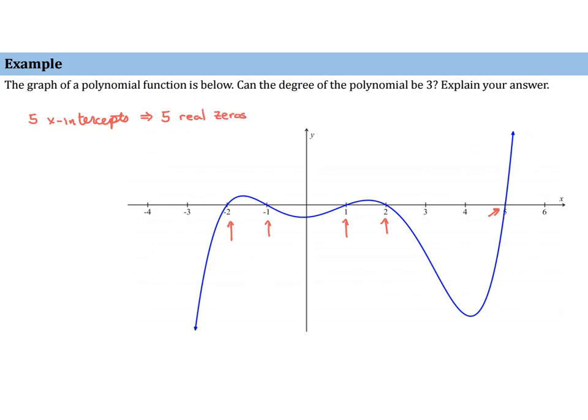But we know that if the degree is 3, then we have a maximum of 3 real zeros. So the answer is no. A third degree polynomial would have no more than 3 real zeros.